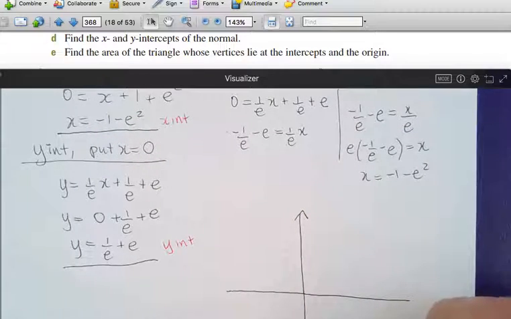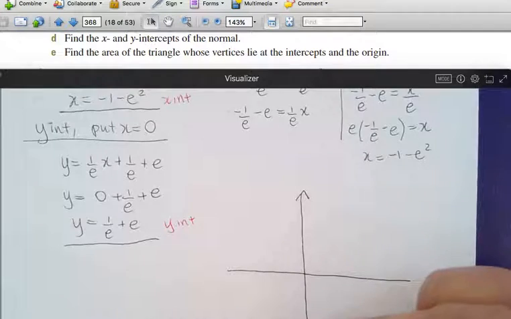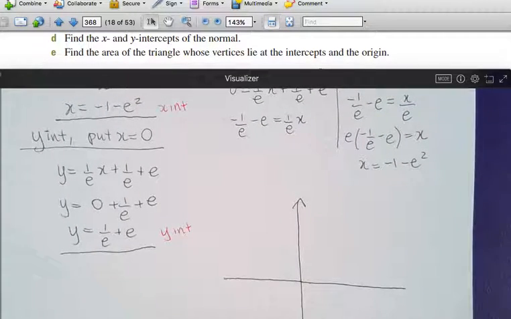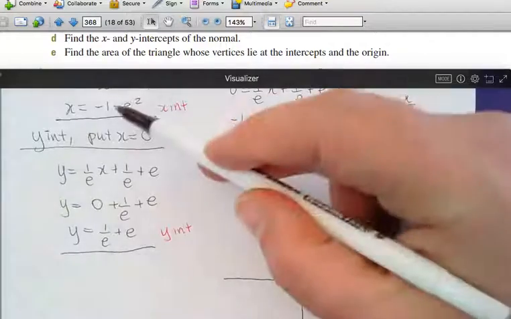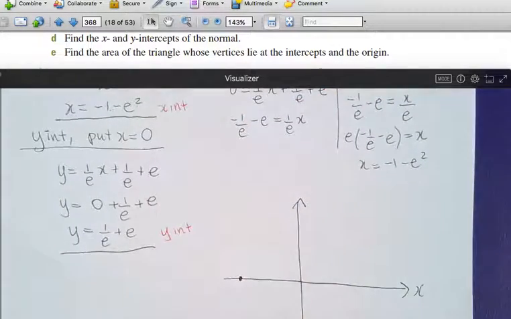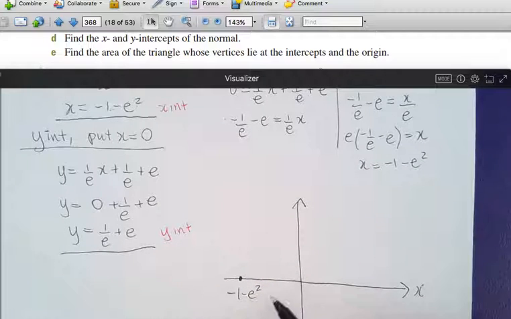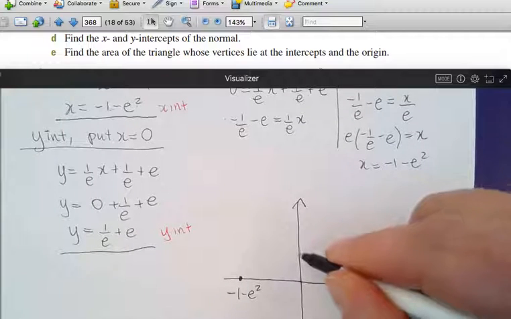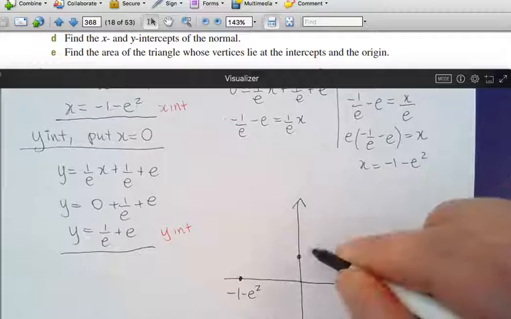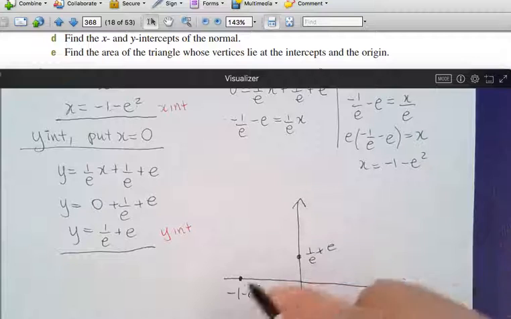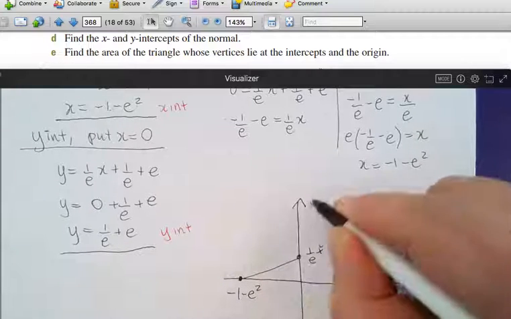It's down here somewhere. Whoa, wrong axis. The x-intercept is about negative 9-ish. You don't write negative 9, you go negative 1 minus e squared. And the y-intercept is about 2.7-ish plus a third. It's about 3-ish. It'll look like about that. 1 on e plus e. You can actually work it out if you want. So these are your x and your y-intercepts.